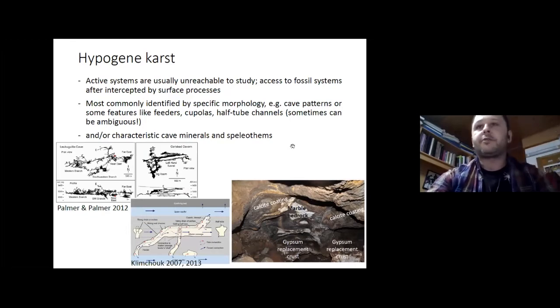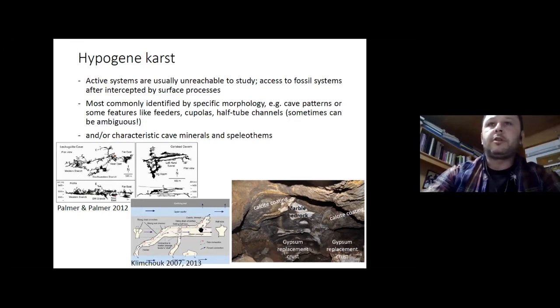There are characteristic forms and features, like the cave pattern, or smaller forms such as cupolas, half-ceiling, half-tube channels on the ceiling or walls, or feeders. But this can sometimes be ambiguous, because some epigene processes can create similar features. So it's not proof enough that these caves formed in this way.